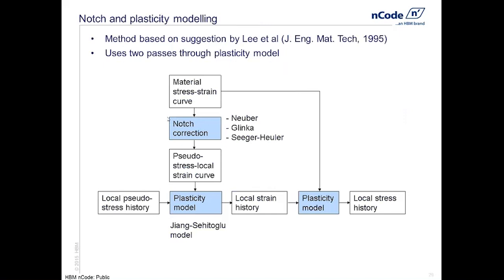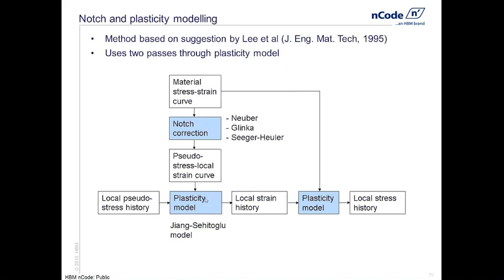It starts out by using a notch correction such as the Neuber method, but applying it to the material stress strain curve and using it to predict a new stress strain curve, which is an elastic pseudo stress versus local strain curve. We then use that curve to initialize the plasticity model.